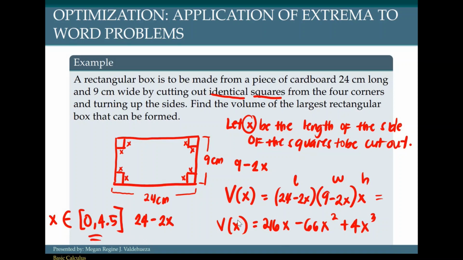So we will find a value of x that is in the interval 0 to 4.5. So we have a closed and bounded interval.